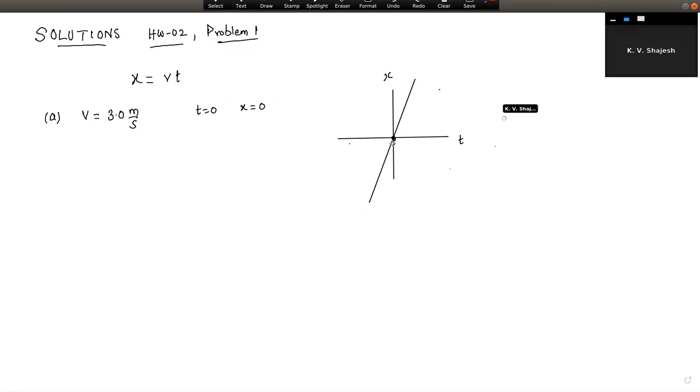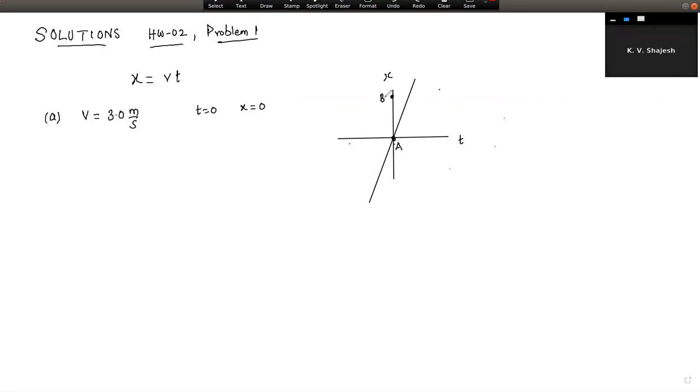What's the example of a motion that has this particular scenario? Let's think of the x-axis to represent a main street in a town, and we could be having a point A here and point B here. And you're going from point A to point B, but it's not that you're starting from rest at point A, you're simply crossing the street.